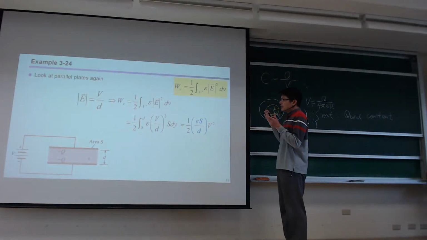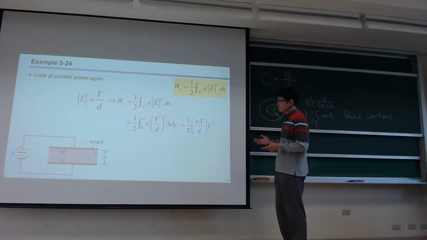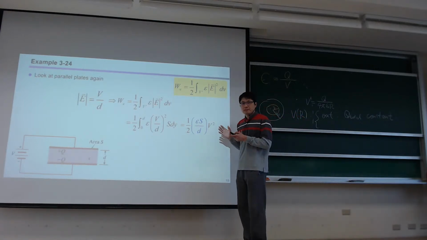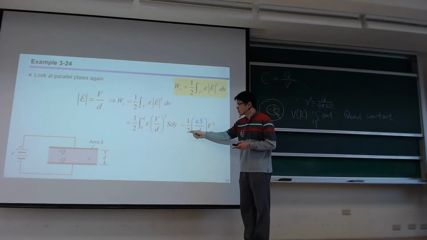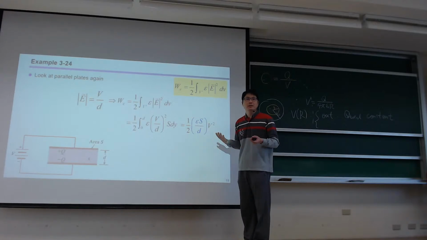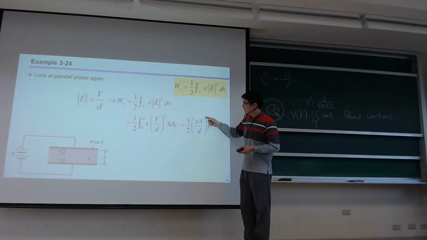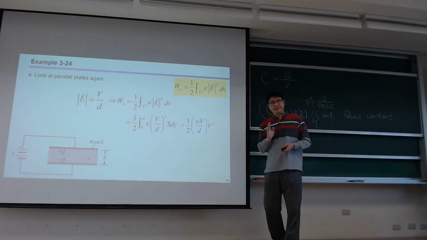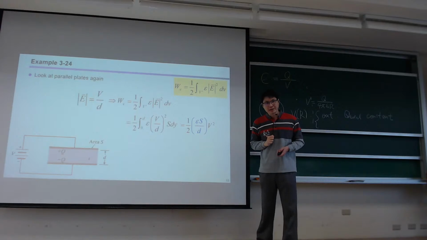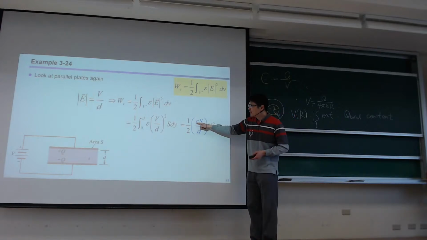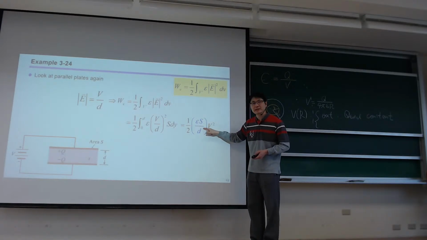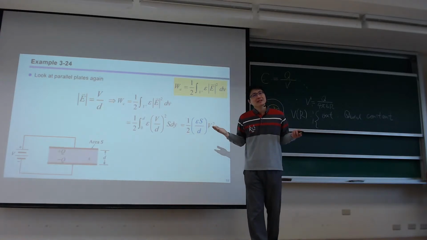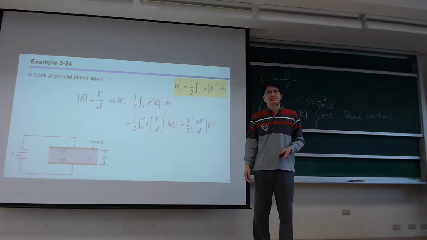So basically, in this capacitor, the total energy stored is 1 over 2 times this amount. You know where the 1 over 2 is coming from, right? But if you still remember, epsilon times S, the surface area, divided by the distance between the two plates, is just the capacitance, isn't it?